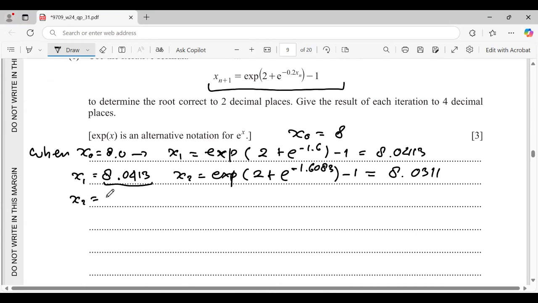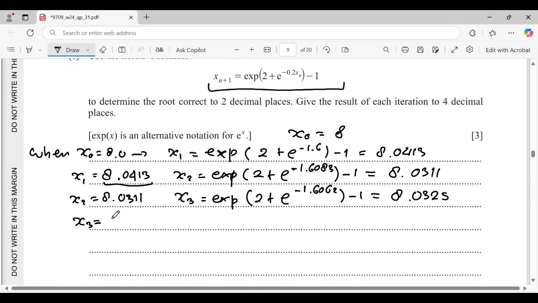When x2 equals 8.0311, x3 equals exp of 2 plus e power minus 0.2 times this number, which is minus 1.6062, minus 1, and the result is 8.0325.